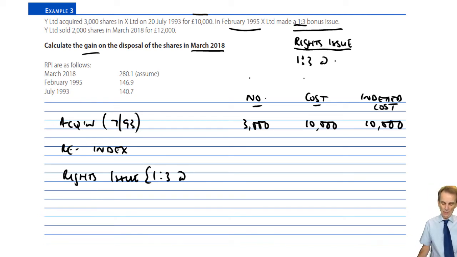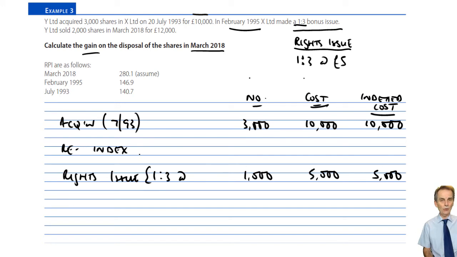Let us assume that the price of the shares has gone up to, say, £5 a share. Didn't it do well? At £5 per share, 1 for 3 would be 1,000 shares at £5 a share, which would be £5,000. Anything in the cost column also goes in the index cost column.